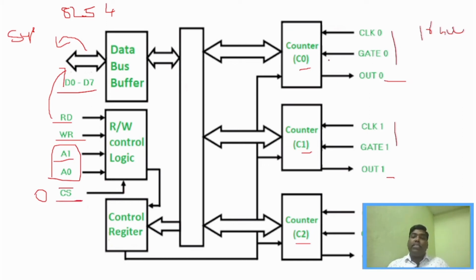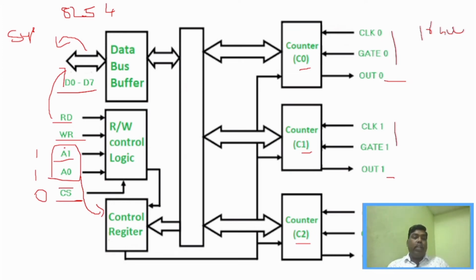And apart from counter 0, counter 1, counter 2, which are selected based upon the values of A1, A0, the control word is also selected based upon A0 and A1. That is, if it is 1, 1, then the control word will be selected. What is the control word? The content of the control word register tells you how to configure these counters, that is, in which mode the counter is going to work.